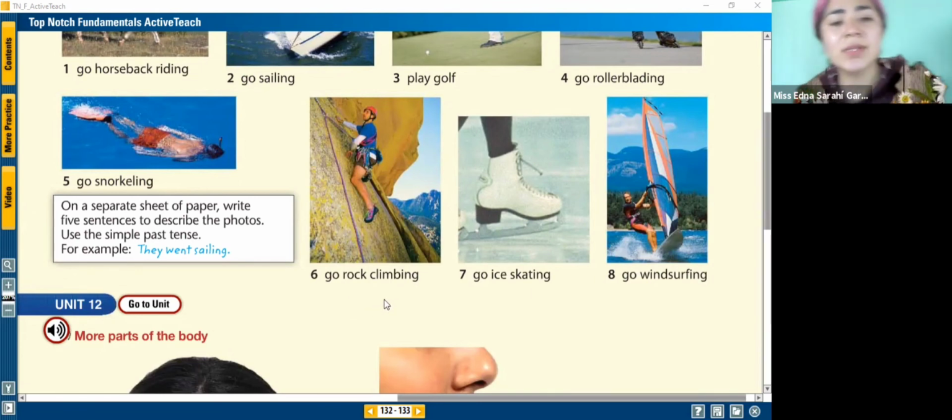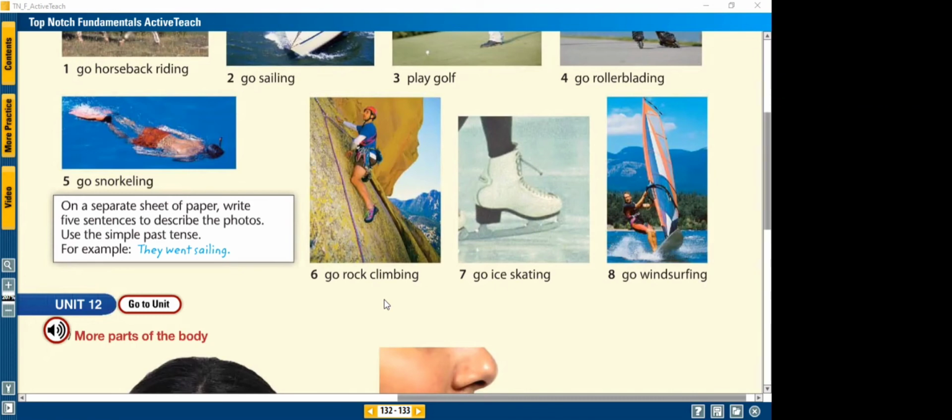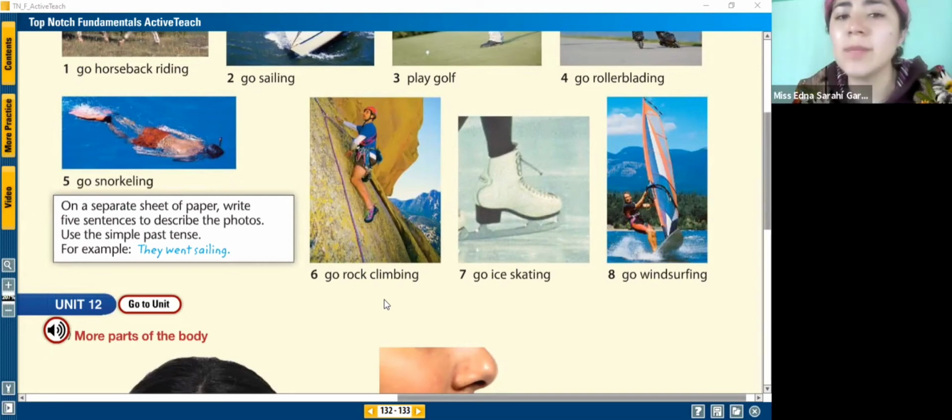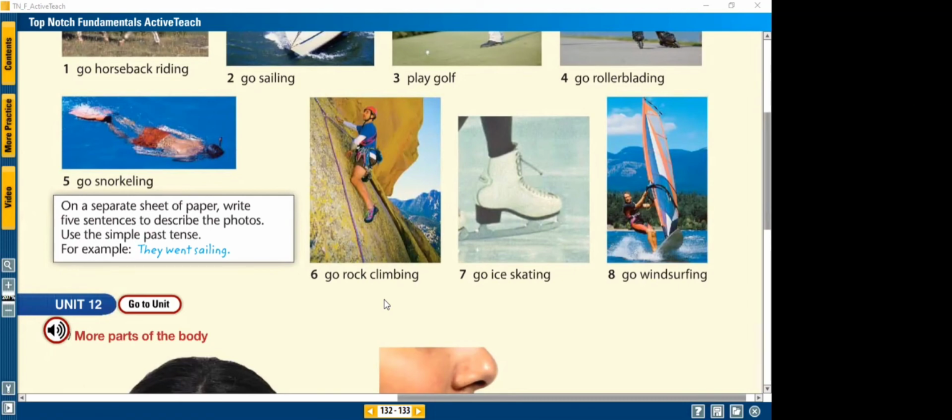Lilian, what can you tell me about that picture in past? He went rock climbing. Tell me a complement of place. He rock climbing, because this is sport learning.